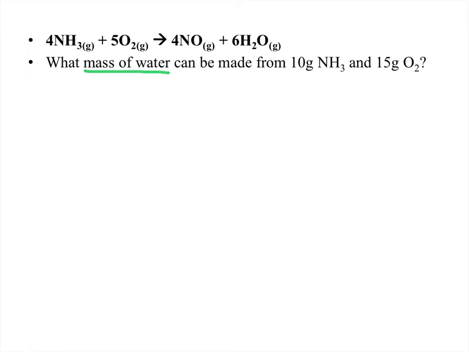Okay, so for this one, I'm going to just give you the final answer, because if you can match my answer, then I know you set the problem up right. So the final answer for this problem is approximately 10.1 grams of water is what's able to be made from the starting quantities of ammonia and oxygen that are given.